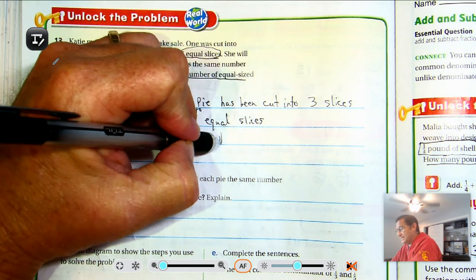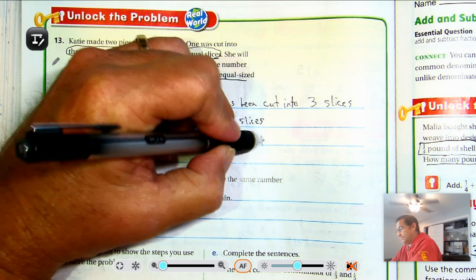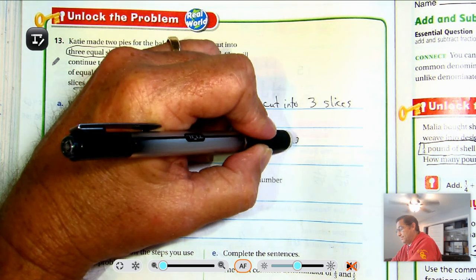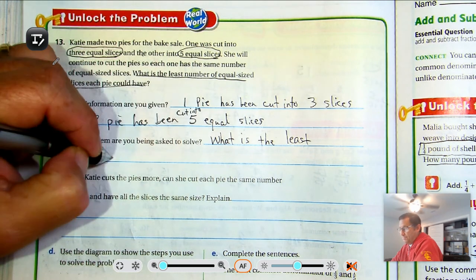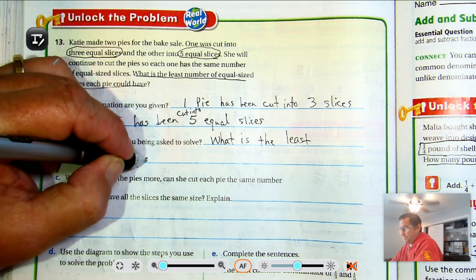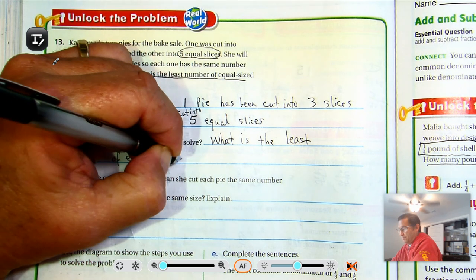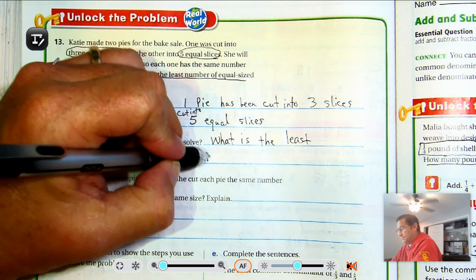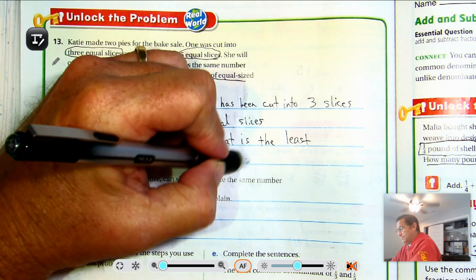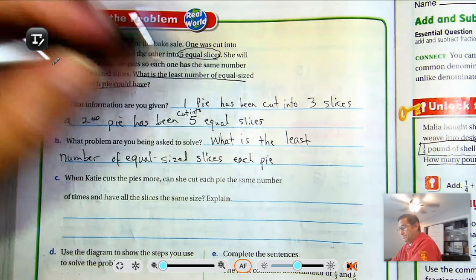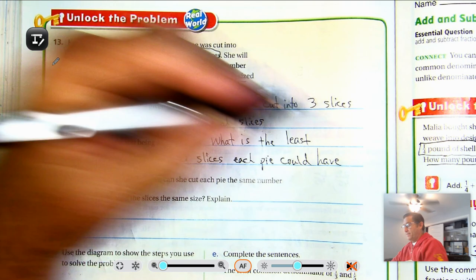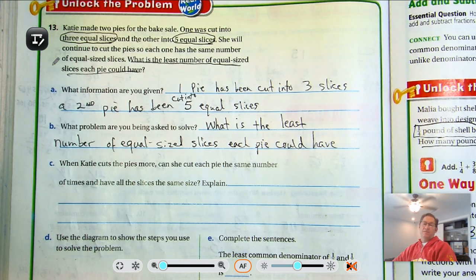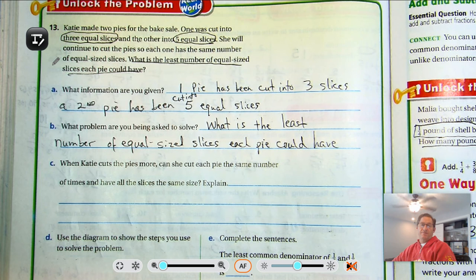What is the least number of equal sized slices each pie could have?